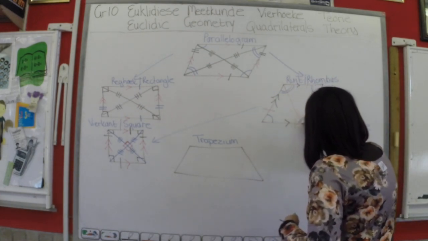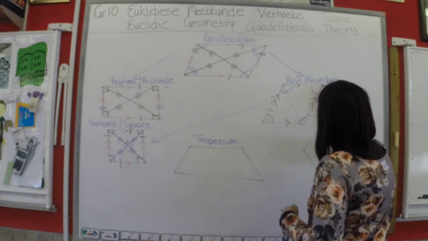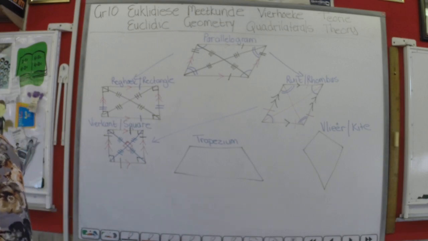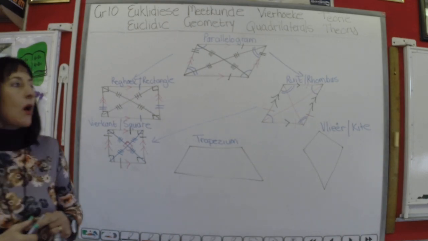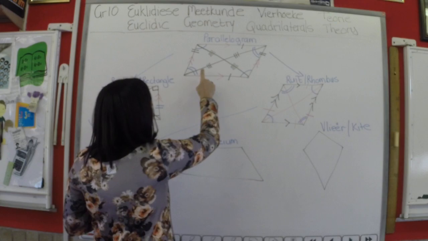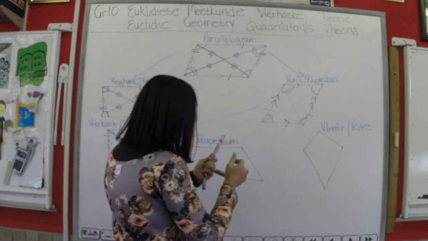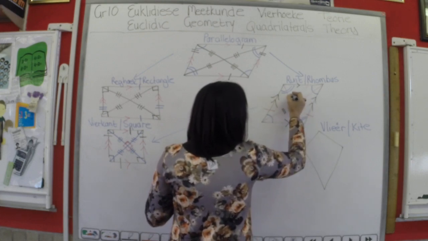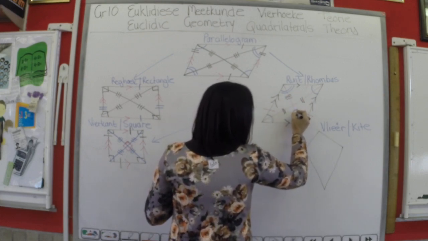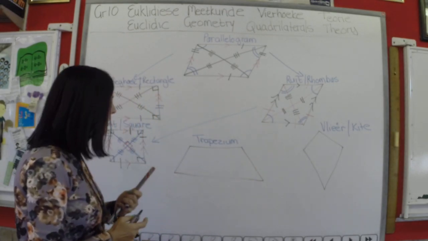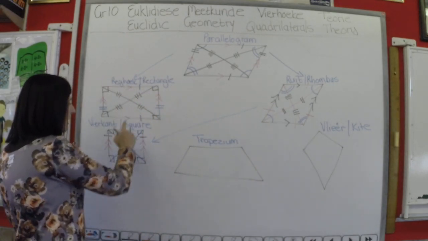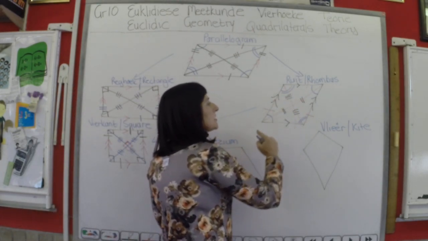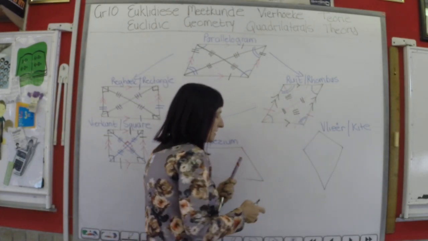Ons hoeklyne, die hoeklyne van 'n ruit halveer mekaar, soos by my parallelogram. Met ander woorde, these two are equal en hierdie tweetjies is gelyk. Hulle is nie almal gelyk soos by die reghoek en die vierkant nie, maar hulle halveer mekaar. So daai stukkie en daai stukkie is gelyk en daai stukkie en daai stukkie is gelyk.